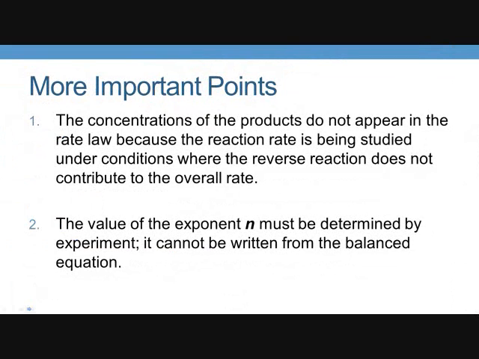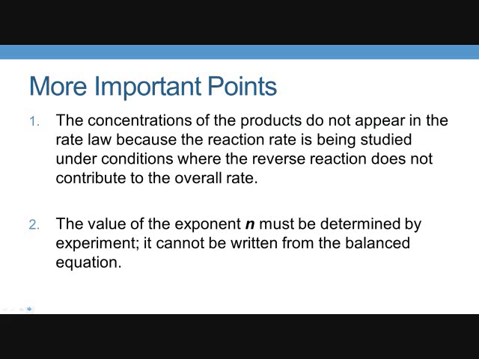Some more important points: the concentrations of the products don't appear in the rate law because we are only focusing on the forward reaction, not the reverse reaction. And the value of the exponent n, the order, must be determined by experiment only. It can't be written from the balanced equation. A lot of times people think that the coefficient is the value for n, and it is not.